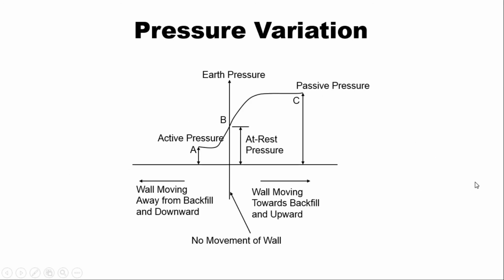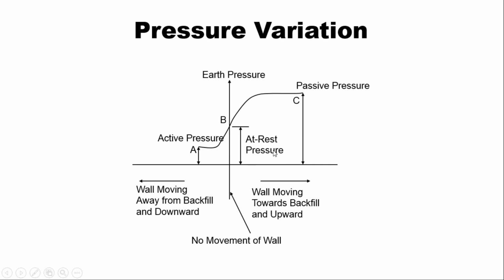In this pressure variation diagram, we can see all three types of pressures in one diagram, and this particular position represents the wall position. In the active case, the wall moves away from the backfill and downward. In the passive case, the wall moves towards the backfill and upward. In the at rest pressure condition, there is no movement of the wall.